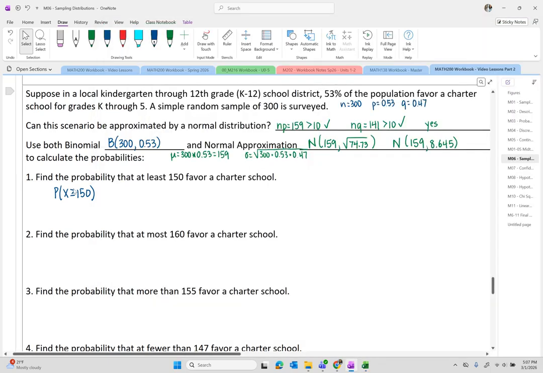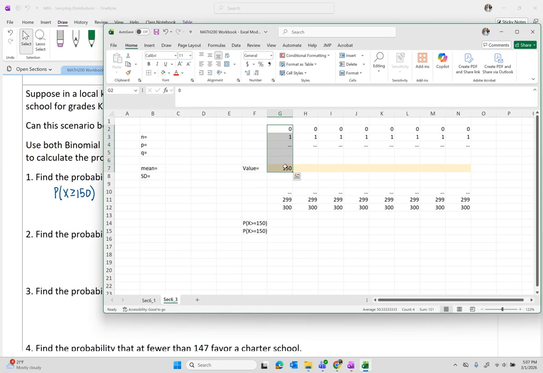If they are asking me for the probability that x is greater than or equal to 150, then I am looking for the probability of 150, 151, 152, 153, etc., up to 300. Therefore, if I wanted to use CDF, I will need to do CDF from 0 to the value below.